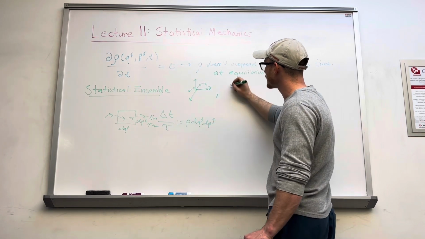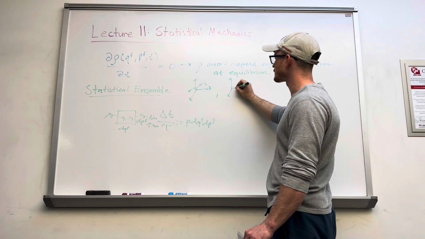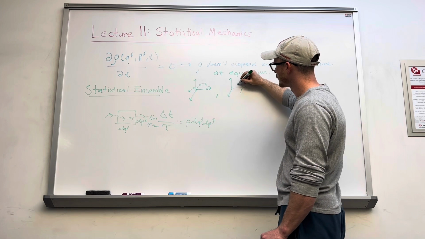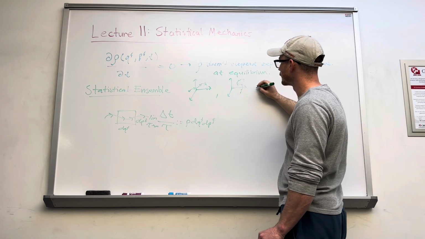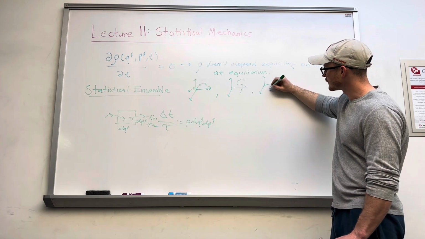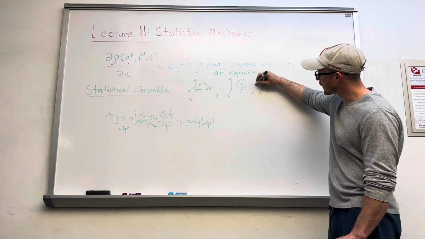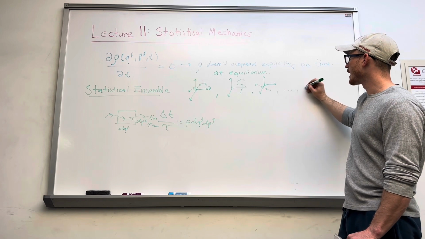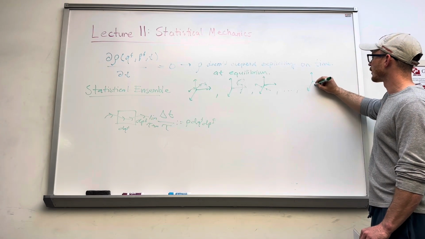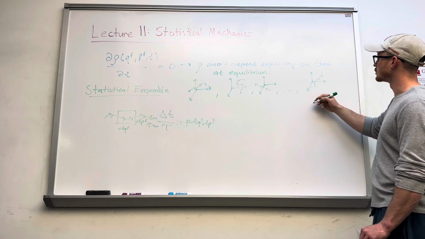And then I made an identical copy, and I started the system at a different point. It would have a different evolution, right? So maybe something else would happen. And I made another copy. And I put this here. And it started to go that way. And I did that for a very large number of copies.